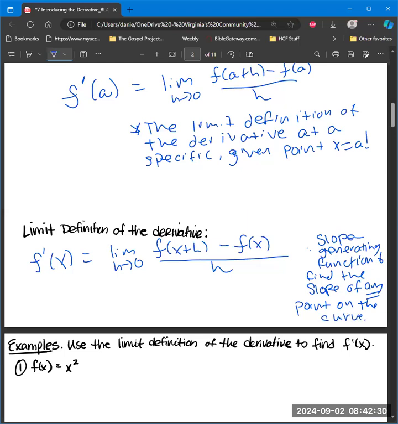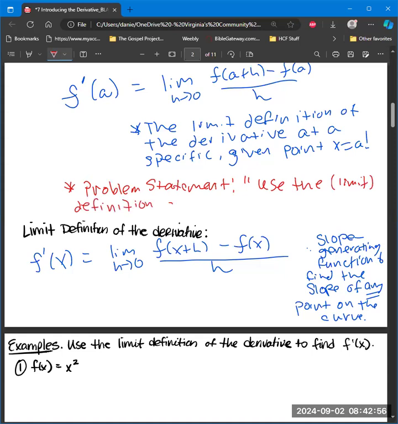All right. Our problem statement for the first type of problem here would be something like, use the, it might say limit definition, but it'll definitely say the word definition of the derivative, something, something, something.